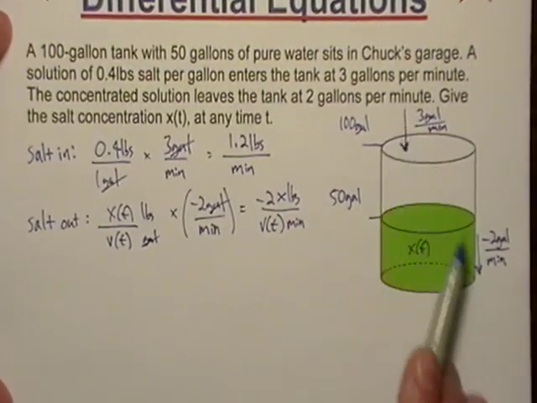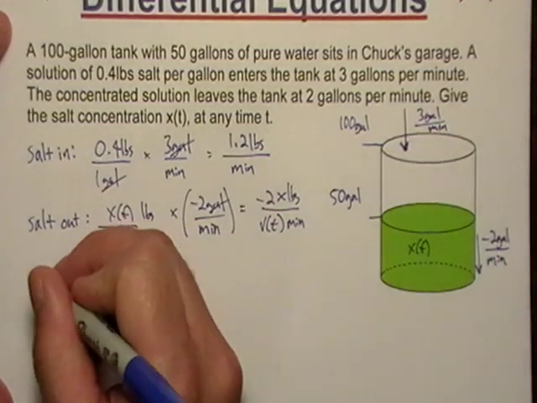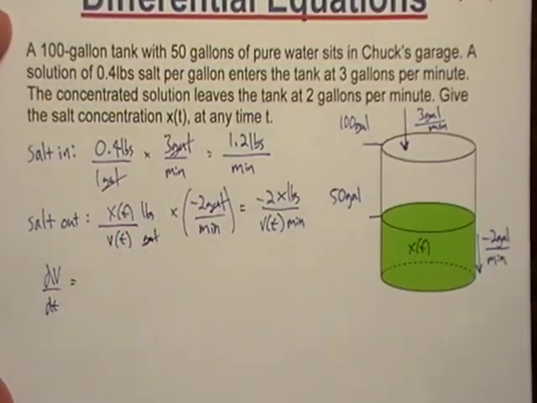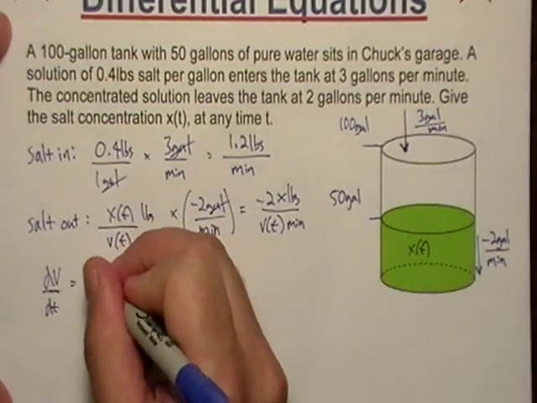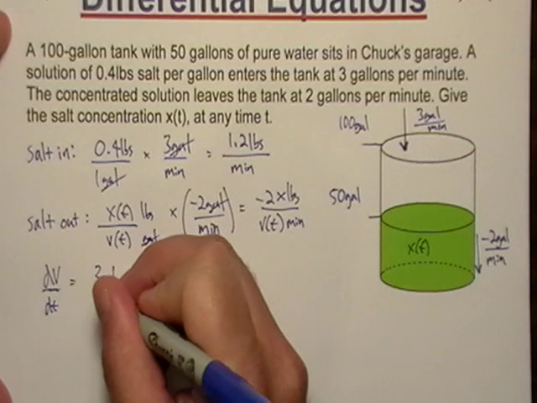Okay, so we do have a change in volume, right? We've got 3 gallons coming in, and 2 gallons coming out. So dV, it might be fairly obvious, but for more complicated ones you're going to want to write this out. I've got 3, it's the sum of all the rates of change.